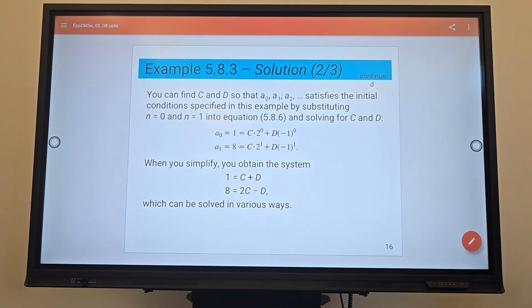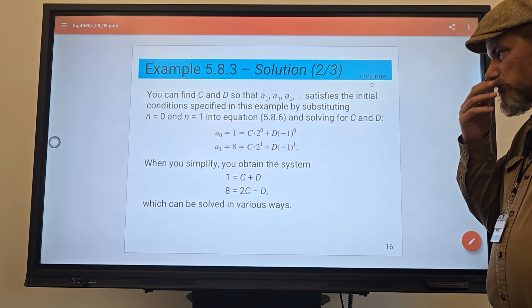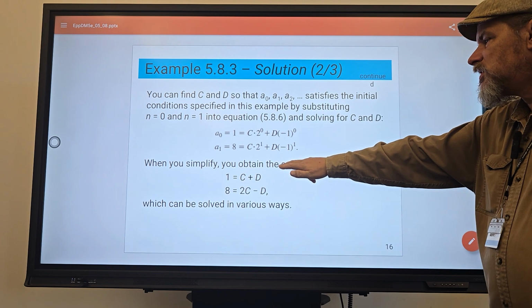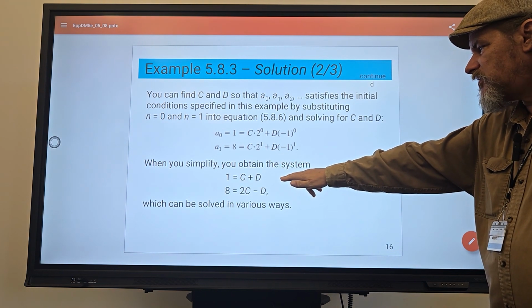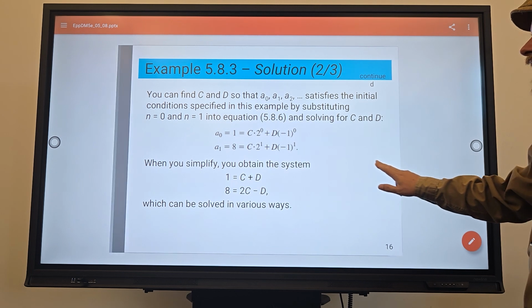You can find C and D so that the sequence A satisfies the initial conditions specified in this example by substituting n equals 0 and n equals 1 into the equation and solving for C and D. So, substituting in, when you simplify, you obtain the system 1 equals C plus D and 8 equals 2C minus D, which can be solved in various ways.